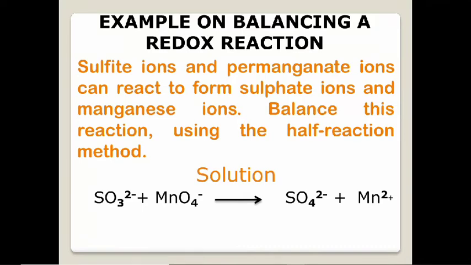Then manganese is 1 atom, and manganese is 1 atom on the product, so manganese is balanced, but oxygen atoms are not balanced. Okay, so let's also look at the charges. Don't forget that in redox reactions we are balancing two things, both the atoms and the charges. So let's look at the charge on the reactant side. We have 2- plus -1, and that is going to give -3.